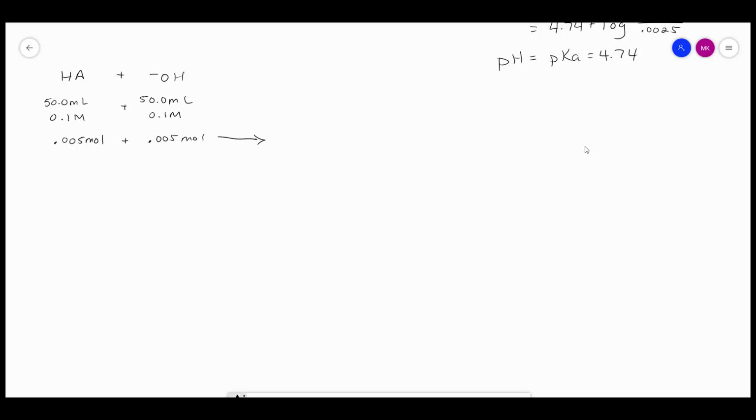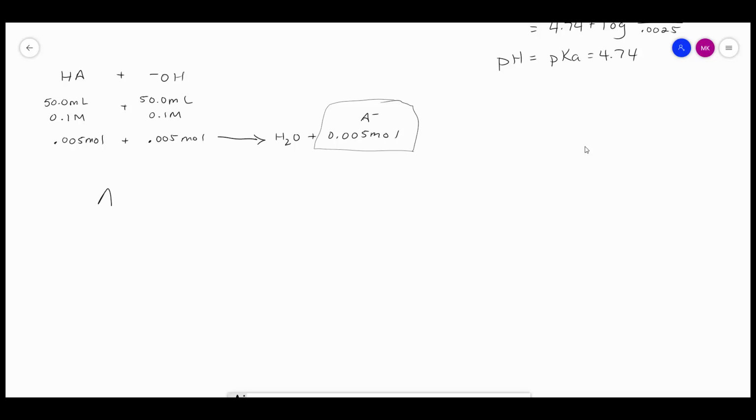Well, what's going to happen is we're going to make water and 0.005 moles of our A minus. So now the reaction is no longer dependent on HA and Ka. It's only dependent on what's happening over here with this conjugate base.